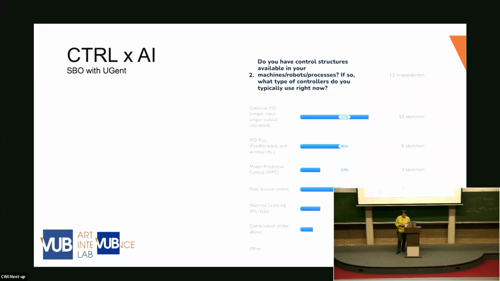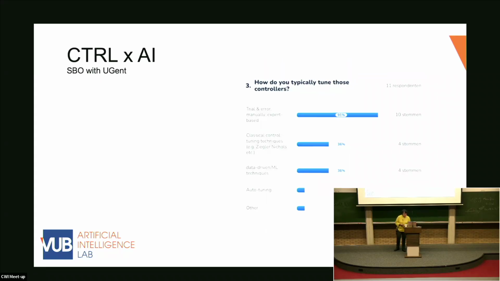Maybe a bit surprising that half of them are using a kind of rule-based setting, and 1 out of 4 had experience with some machine learning techniques, but that is a flexible thing in the sense it could also be machine learning, for example, to do model identification, not so much for the control.